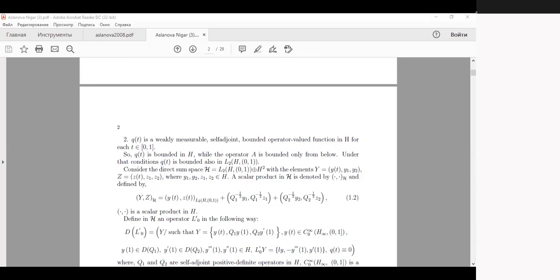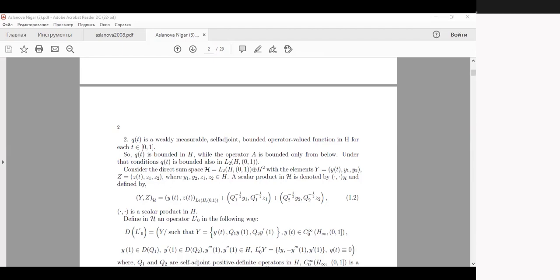Here you know that when you want to associate an operator with that problem, you take a function y(t) whose first derivative is absolutely continuous in (0,1), and moreover, if that differentiation is denoted by Ly, that differential expression is from L2, and also for the functions from the domain the boundary conditions are satisfied.